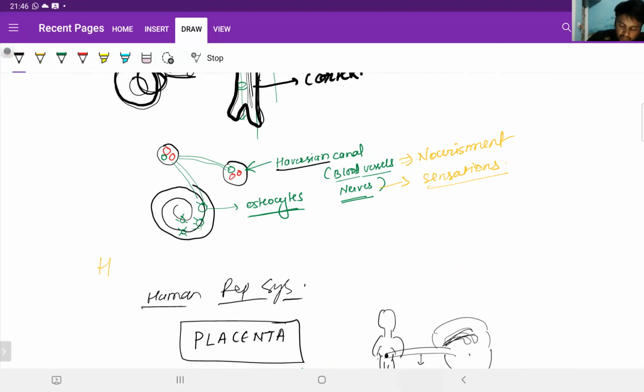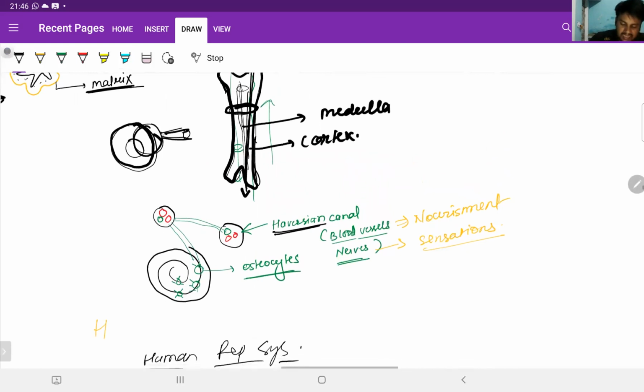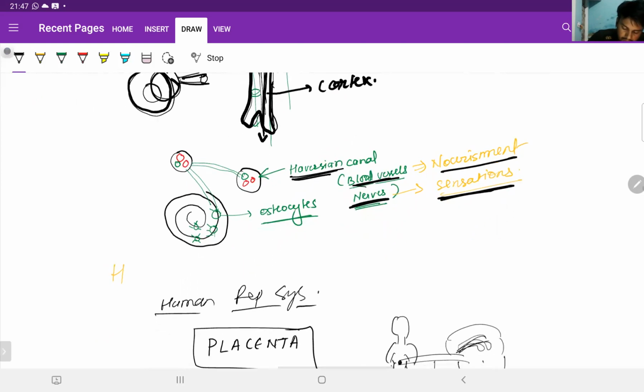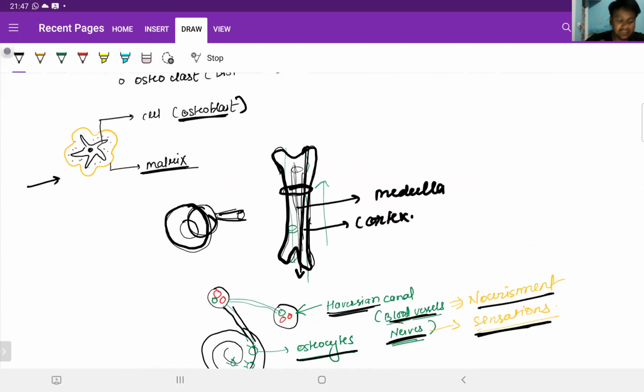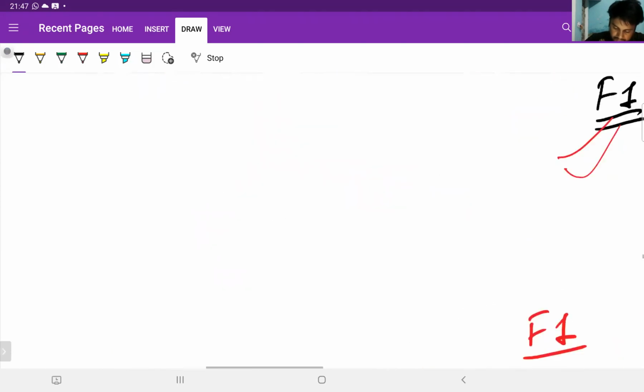So these Haversian canals run longitudinally in this direction and carry not only the blood vessels for nourishment but also the nerves for sensations. So these osteocytes get nourishment from these Haversian canals. So this is about the bone, its matrix, its cells, and these things are given up there, so we can refer to that.